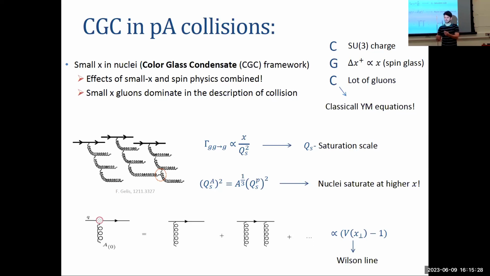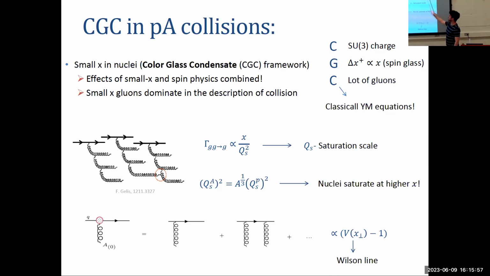How to find this classical field? By solving the classical Yang-Mills equation. Now, after you have this classical field, you need to solve the Dirac equation of this quark which propagates in this classical field. I mean, you need to find a Green's function or a propagator. You find an effective propagator of the quark which travels in the effective field of the nucleus. Okay, this is the basic idea of the color glass condensate.